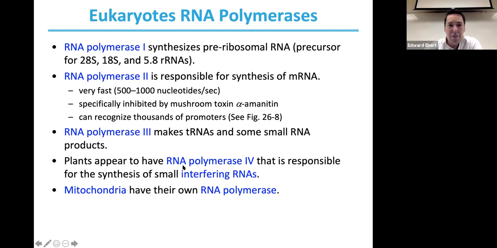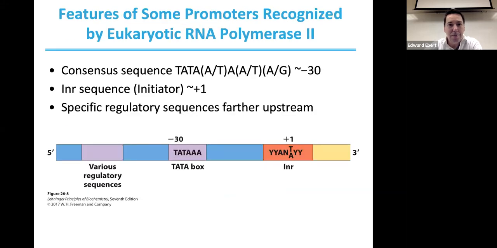There may be a polymerase 4 that makes these siRNAs that are particularly used in plants. We can use them in people, but plants, I believe, actually use them on their own. And of course, mitochondria have their own RNA polymerase as well. So we can call that mtRNA polymerase, for mitochondrial RNAs.